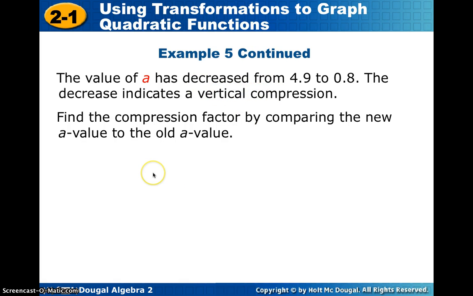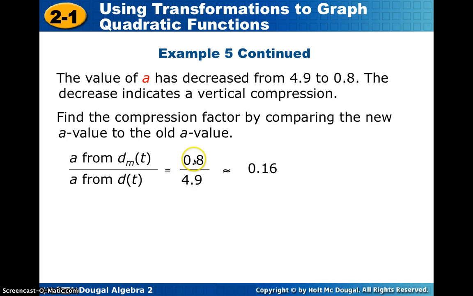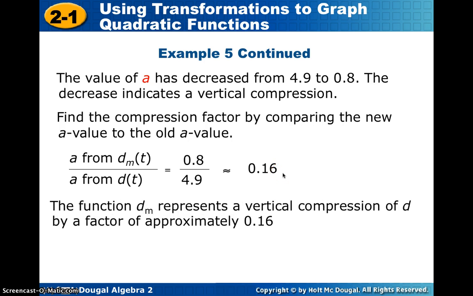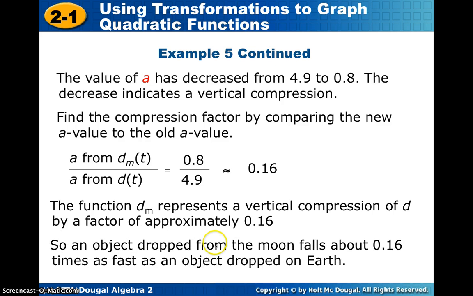So we can figure out how much it changes by dividing those two numbers. How much did it decrease by? It decreased by a factor of 0.16. So an object dropped from the moon falls at about 1.6 times as fast as an object dropped on the Earth.